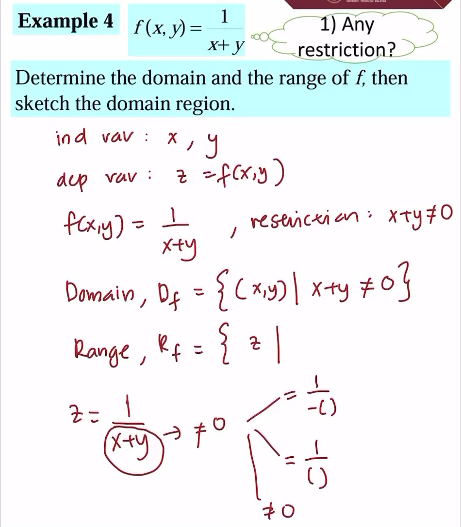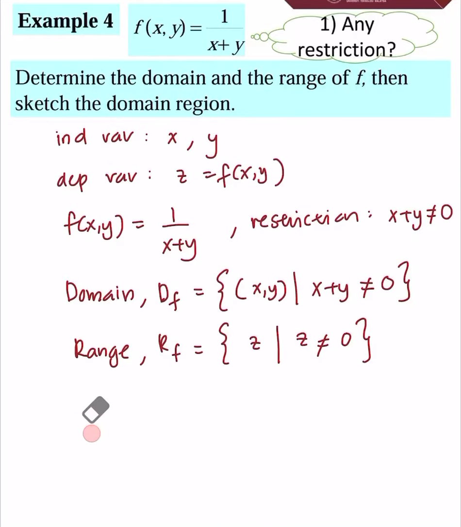So that is the range: z cannot equal 0. That is the answer, the domain and the range for z equal to 1 over x plus y.